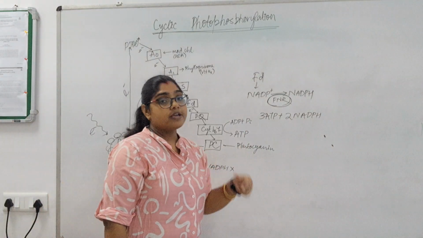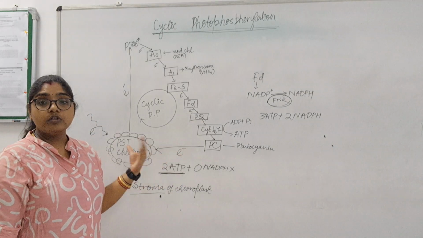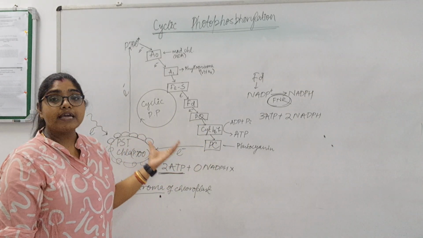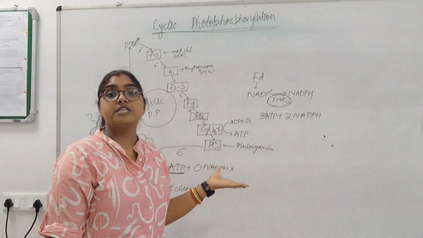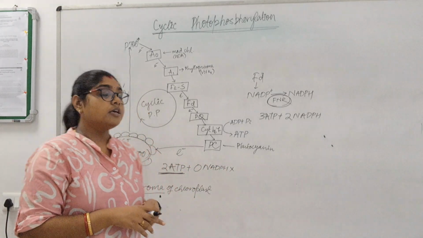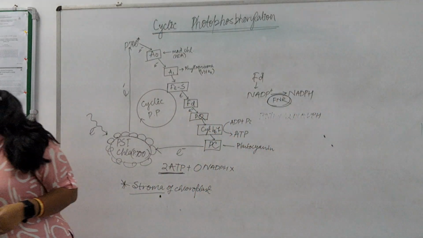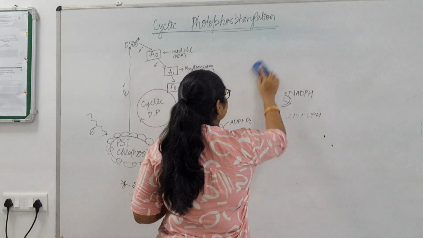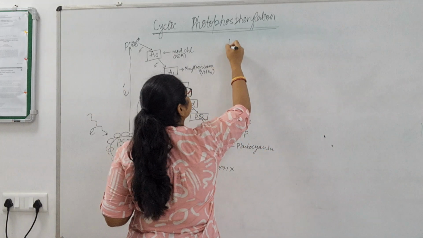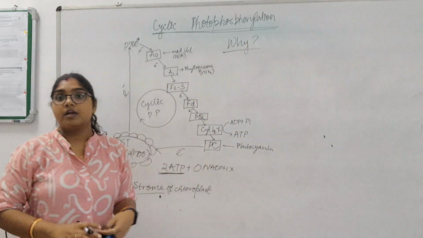So the question is, if we are getting less ATP, less energy, and it is not the major part, then why is cyclic photophosphorylation required, or why does it take place? So now we will discuss why it is required.